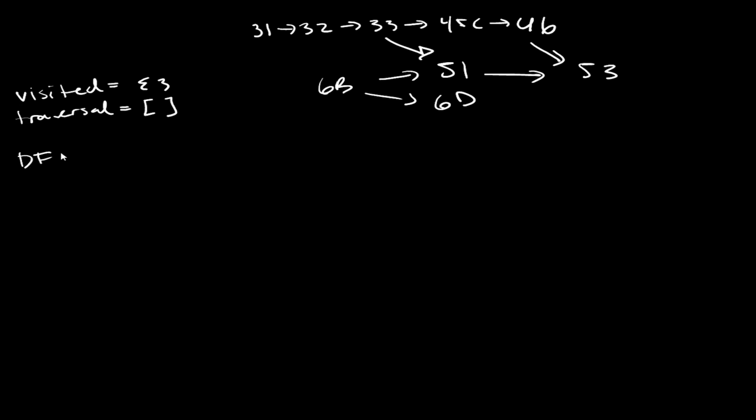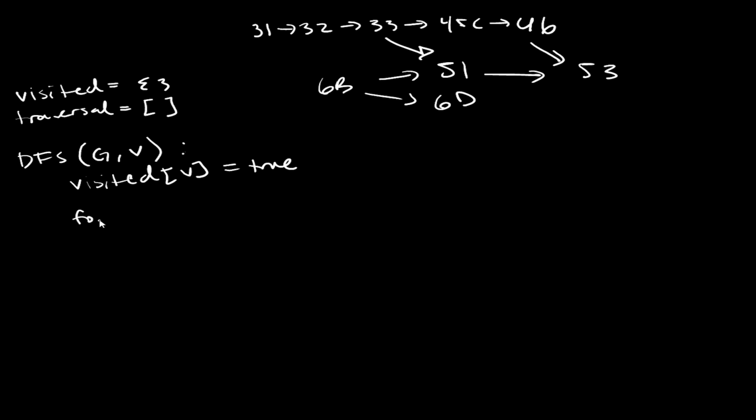And then we're going to have DFS with some graph G and a vertex V that we're going to start at. Okay, and the idea is you mark V visited, which essentially adds it to the set. Maybe I can just say visited[V] equals true, so mark it as visited.